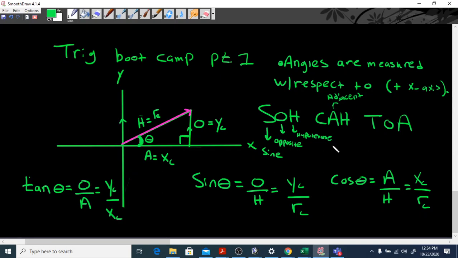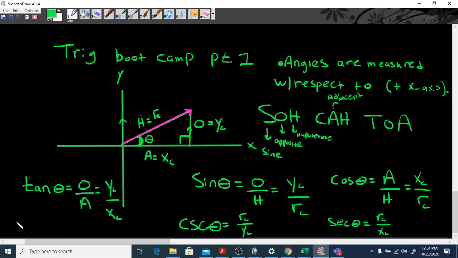We have three more trig functions, and they are the reciprocals of what's written down here. The reciprocal of sine is called the cosecant, and cosecant is r over y. The secant is the reciprocal of cosine, so it's the r component over the x component.